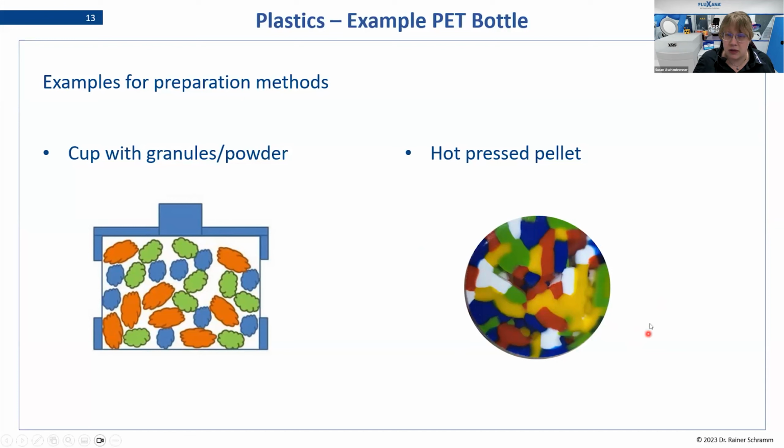I took this exact picture to show you that pressing a powder or granules as a hot pressed pellet does not change anything about the homogeneity of this sample. I think this is shown quite well by this hot pressed pellet picture. The homogeneity of the sample is kept even if we are pressing it to this kind of pellet.